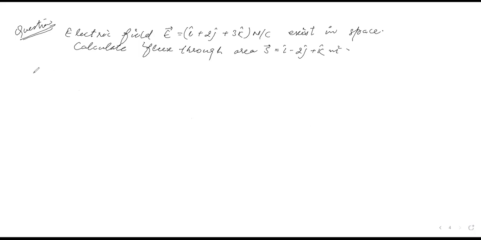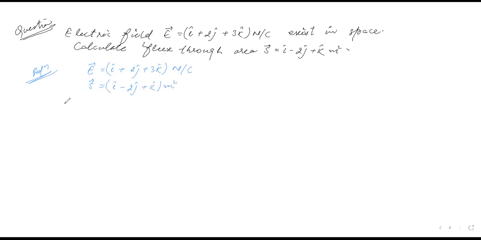Let's try to solve it. What will be the solution? There are two variables given. The first one is the electric field, which is I plus 2J plus 3K Newton per coulomb, and S is I minus 2J plus K meter square.